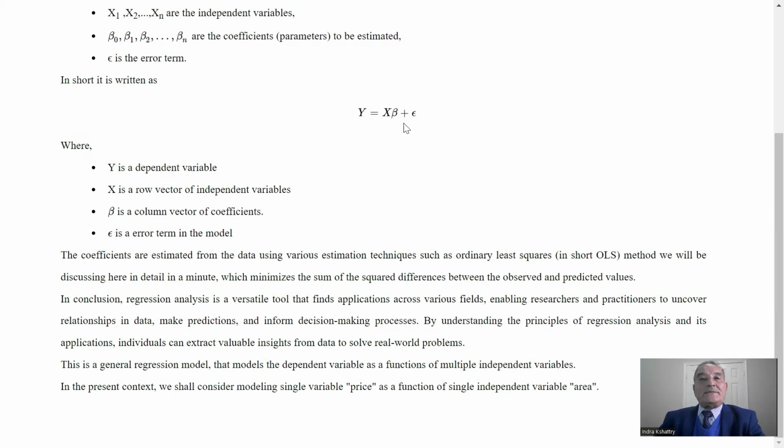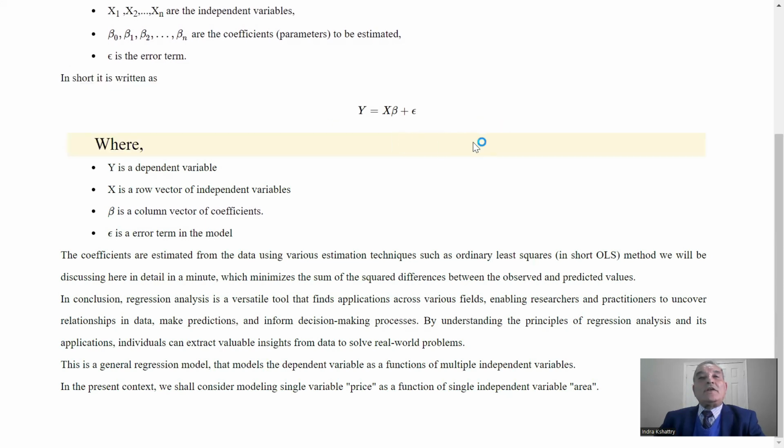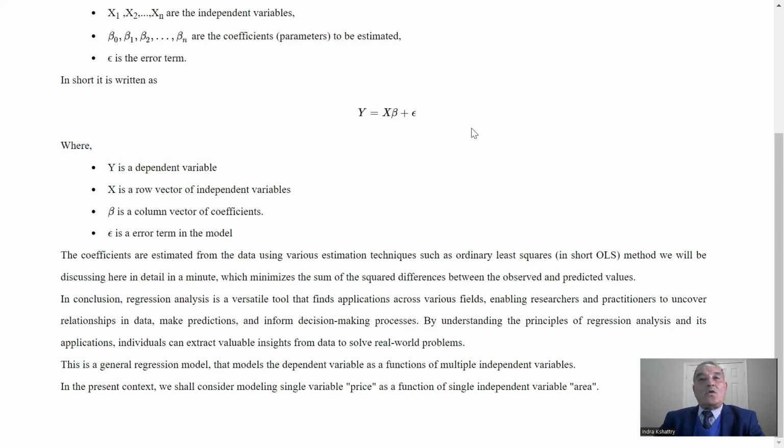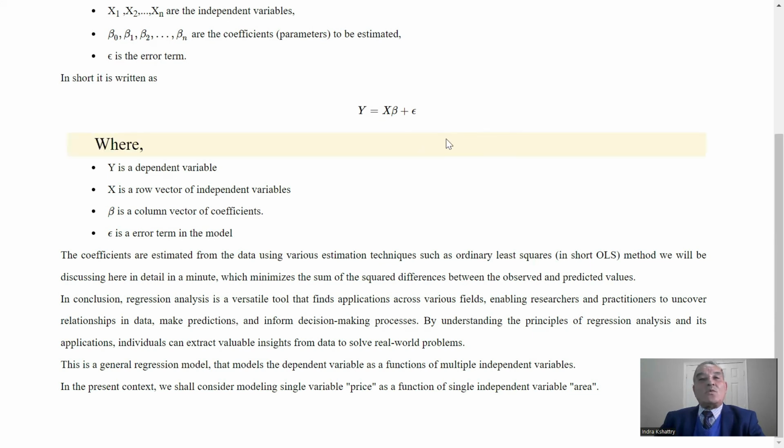The coefficients betas are estimated from the data using various estimation techniques, such as the ordinary least squares method. We'll be discussing it here in detail in a minute. This minimizes the sum of the squared differences between the observed and predicted values.